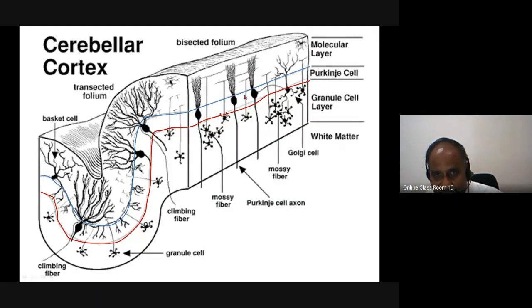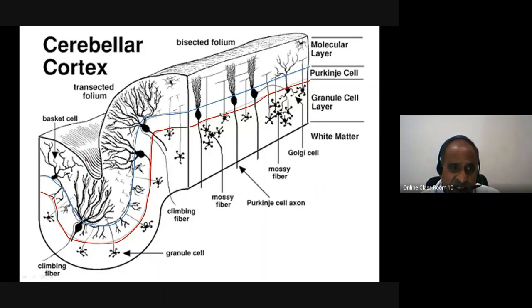This is the Purkinje cell layer. You have the nucleus of the Purkinje cells located. Then here inside is the granular cell layer. You have the granular cells, and this granular cell layer is giving a T-like, so you can see that typical T-like axonal projection.